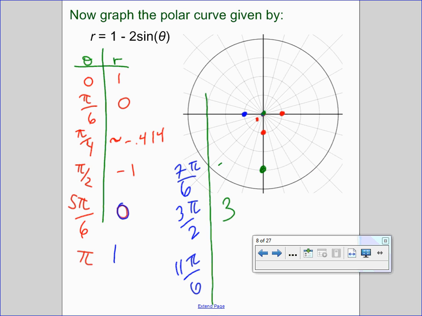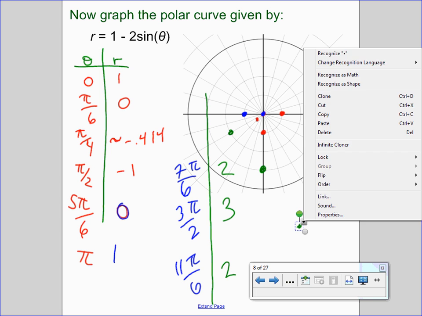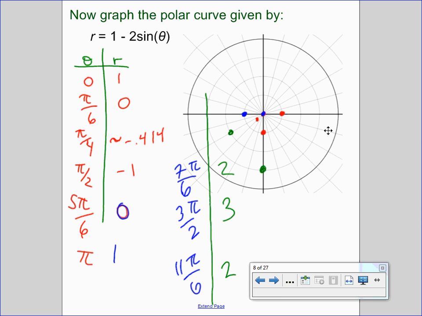So this is also positive 2. So 7 pi over 6 is 2. Oh, that's way better. Negatives are hard. Is that better? Oh! I think I know what this looks like now. That's way better. 11 pi over 6. In this direction, 2. Hey!